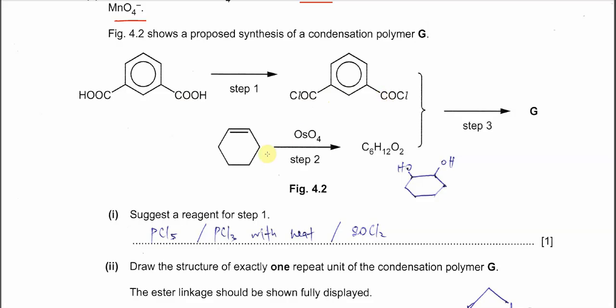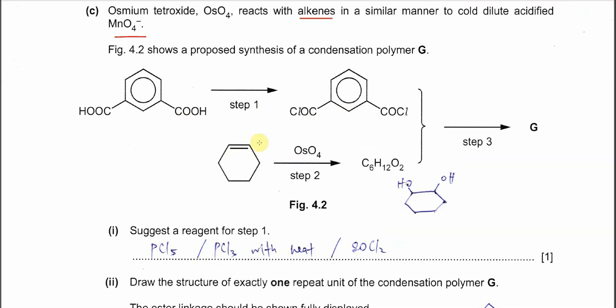After that, this cyclohexene is oxidized by the oxidizing agent to form the diol, just like cold dilute acidified KMnO4. You should have learned this in AS. It oxidizes the C=C double bond and forms a diol. Later there will be a reaction between this diol and this diacyl chloride.